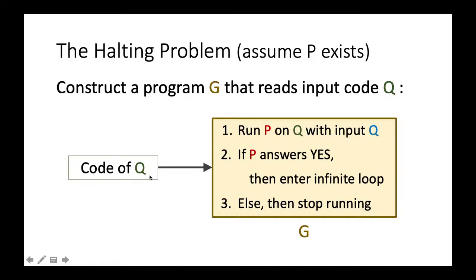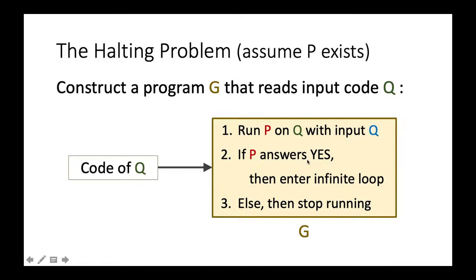We just have the input code Q so that we can make use of Q to represent the program and also represent some input data. So G will first run P, assuming that it reads the input code Q and the data Q. So P will check whether Q will stop running on the input data Q or not.